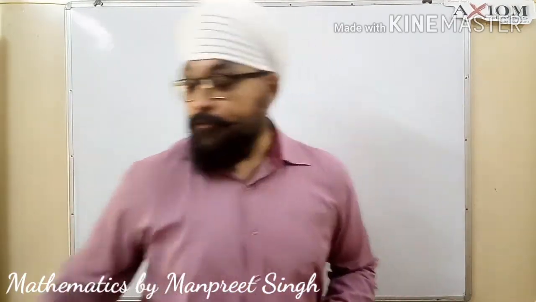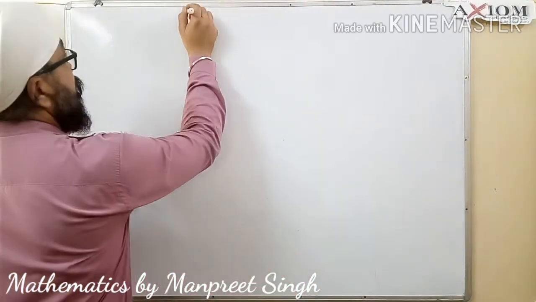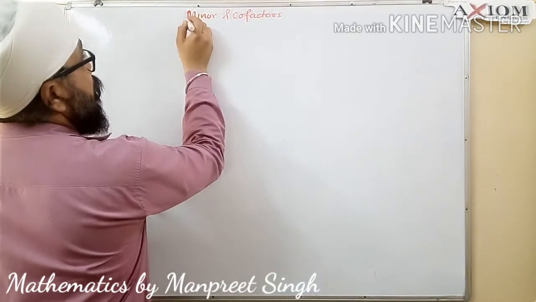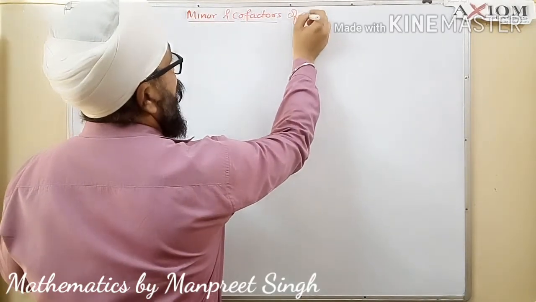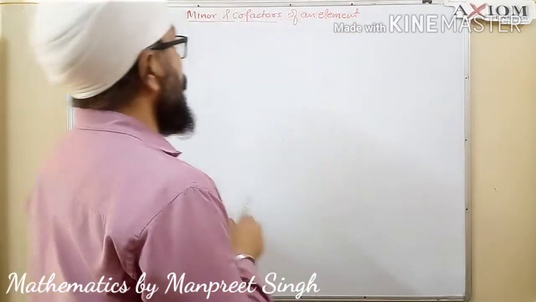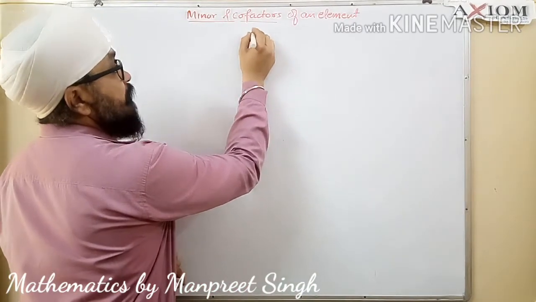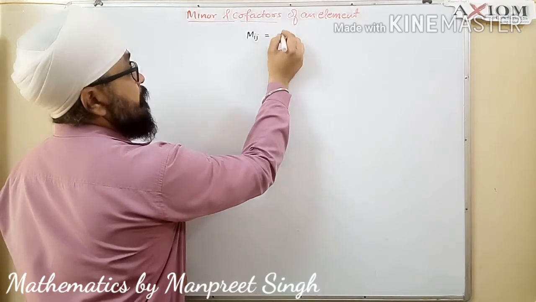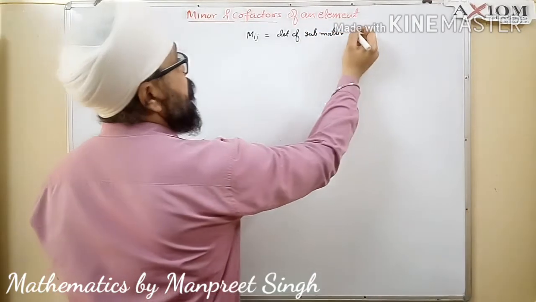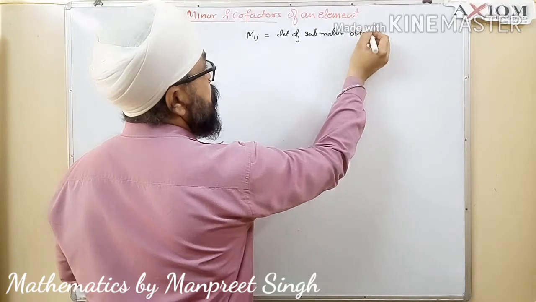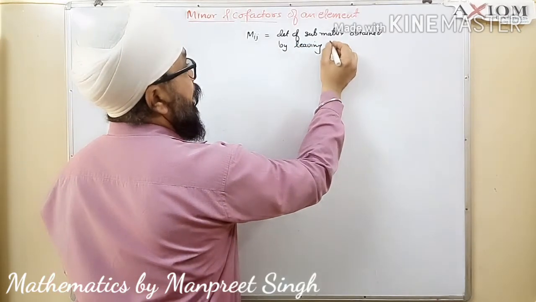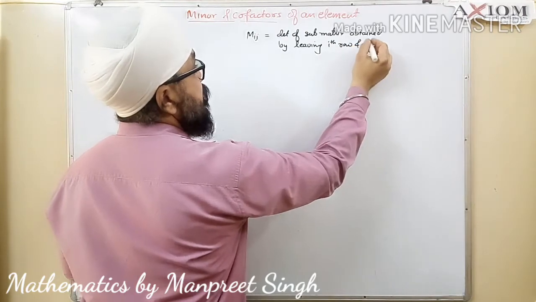That was the minor and cofactors. Now if I go for minors and cofactors of an element, let me recall, if I say Mij, it is the determinant of the submatrix obtained by leaving the ith row and jth column.